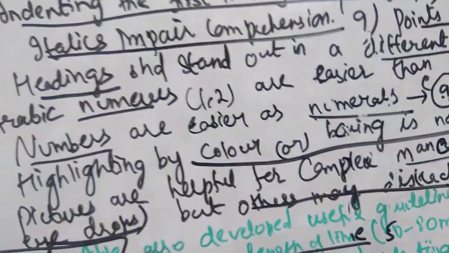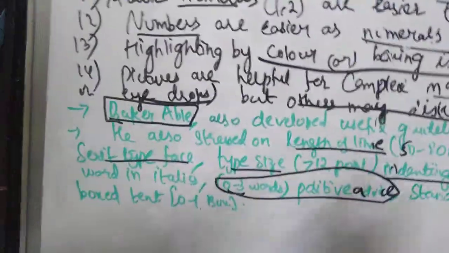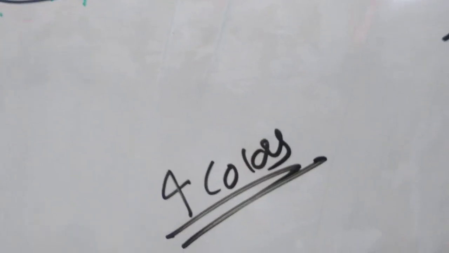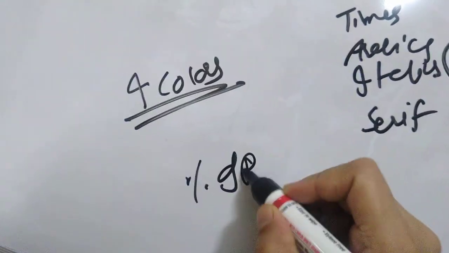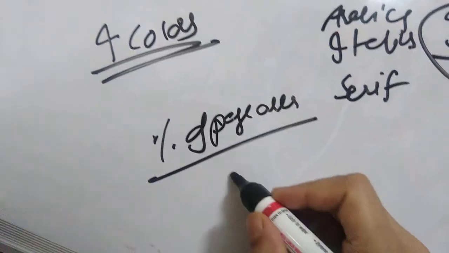Apart from these specifications, Baker Abel added 3 more important criteria in the design of the leaflet. The first is the number of colors used. If you want to increase the number of colors, you can use a maximum of 4 colors. And then the amount of white space, the percentage of page area left as white space, should be greater than 40%.